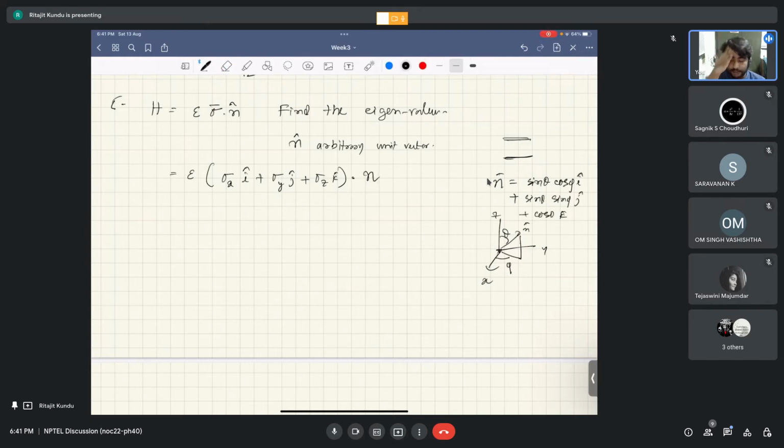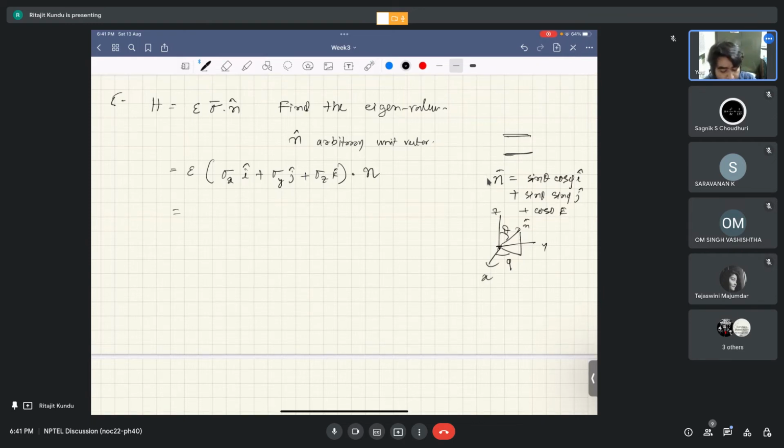Which will give you basically epsilon times sigma x nx plus sigma y ny plus sigma z nz. Here this is my nx, this is my ny, and this is my nz. You can write this in matrix form.